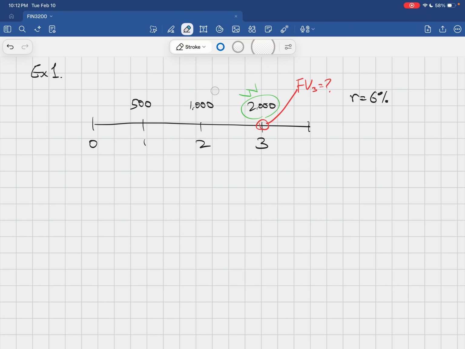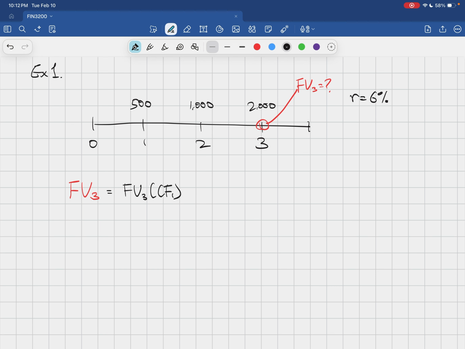Okay, so if I were to write a formula, then the future value as of year 3 of this entire thing is, I'll take the future value as of time 3 of the cash flow that occurs in time 1, the future value as of year 3 of the cash flow that occurs in year 2, and the future value as of year 3 of the cash flow that occurs in year 3.